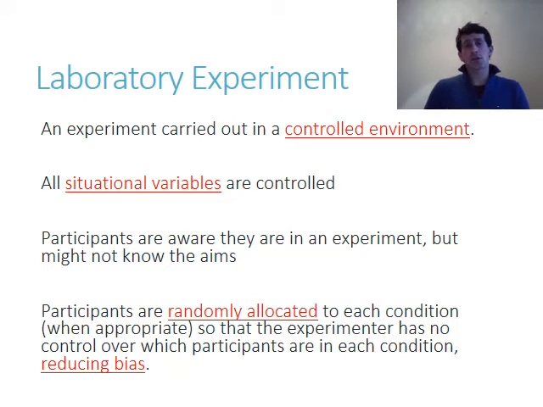And also in laboratory experiments, the participants are often randomly allocated to groups. By this I mean it could just be as simple as pulling names out of a hat. It might be putting them into a number generator where it puts the participants into different groups and different conditions for you. The whole idea of this is that it reduces any bias.